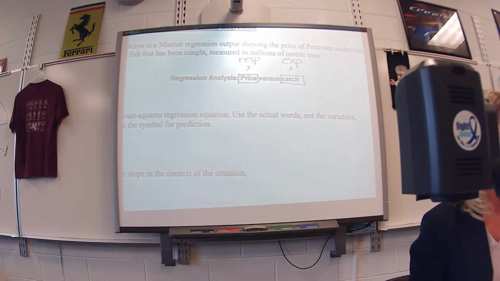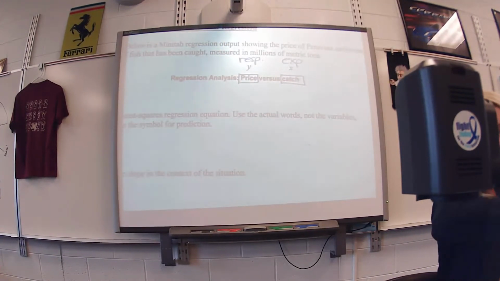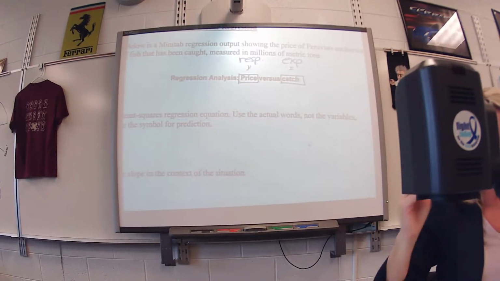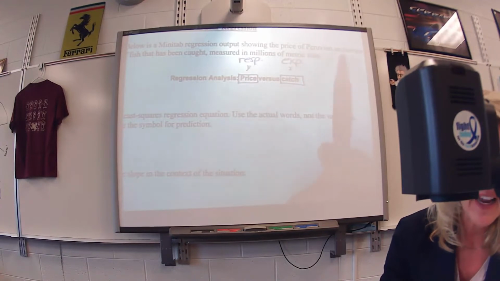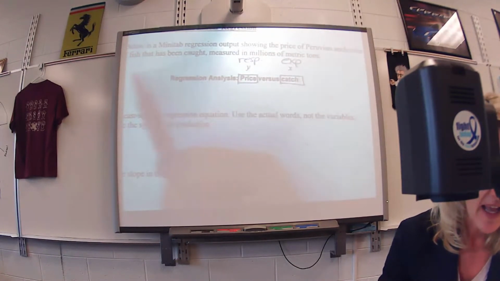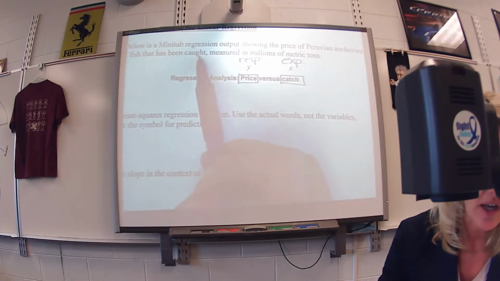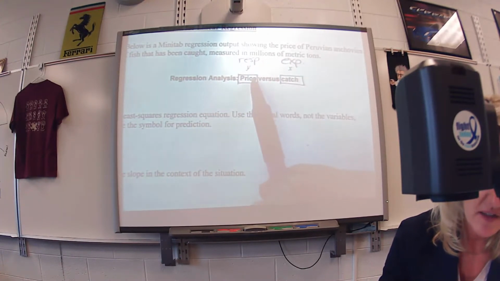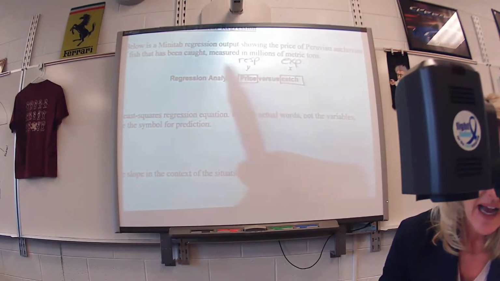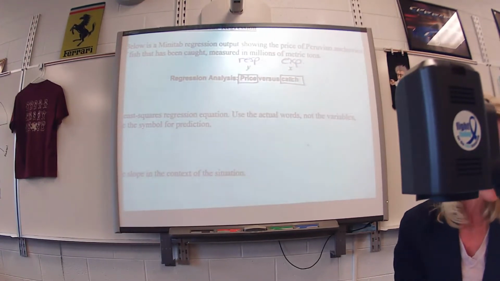That's not just Minitab, that's really common: Y versus X, or Y against X. This shows the price of Peruvian anchovies and the amount of fish caught, measured in millions of metric tons. So price is my Y, and how many fish is my X.